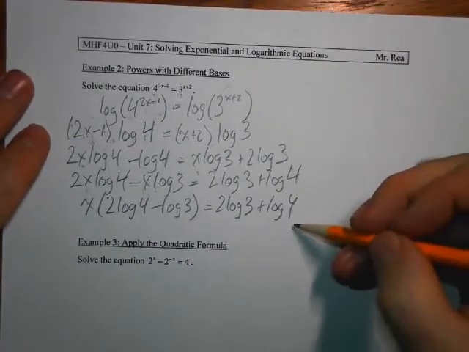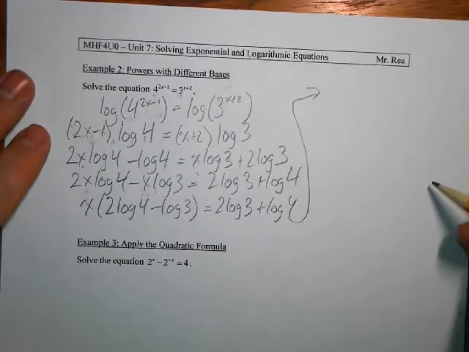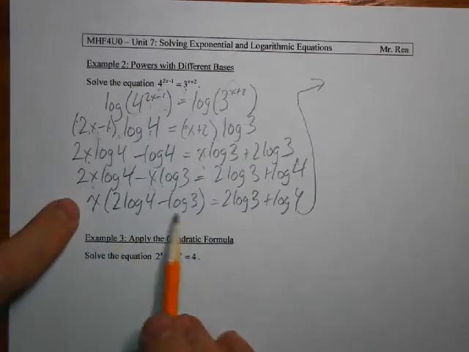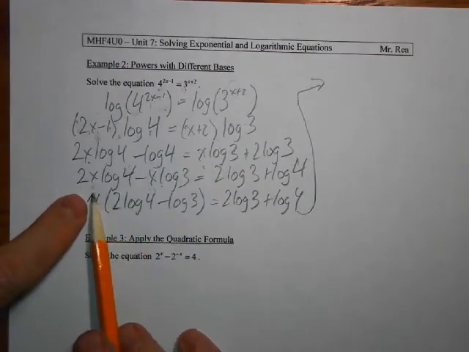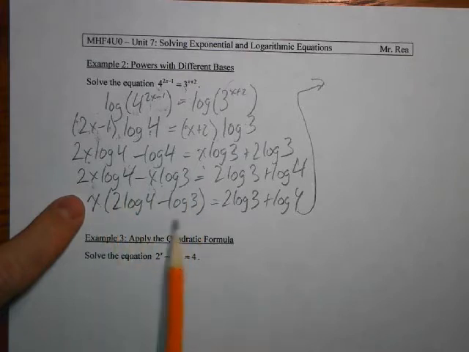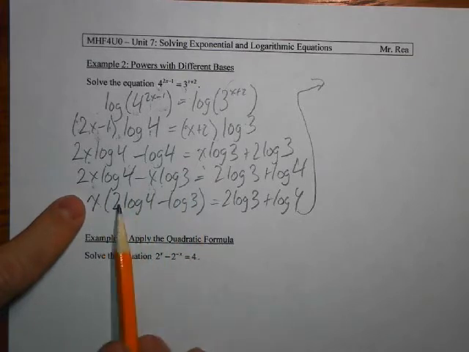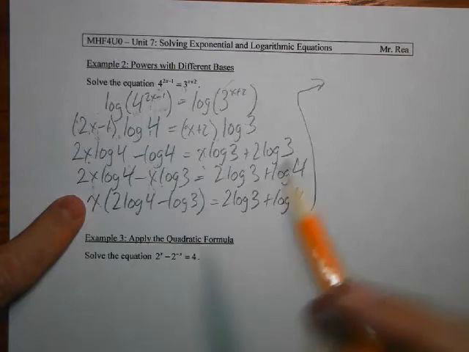Okay, I need some more room, so I'm going to go back up over here. Now you can see, hopefully, all I'm going to do is divide both sides by this factor, the multiplier of x, and that will isolate the x.